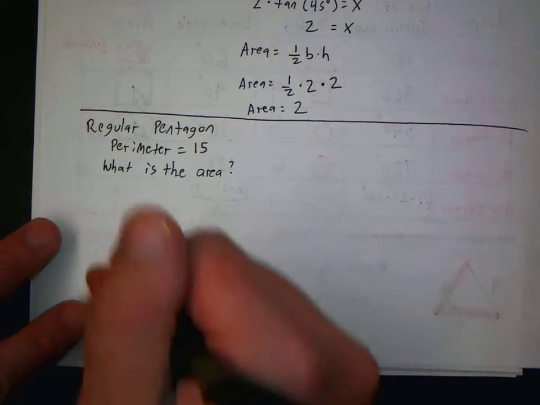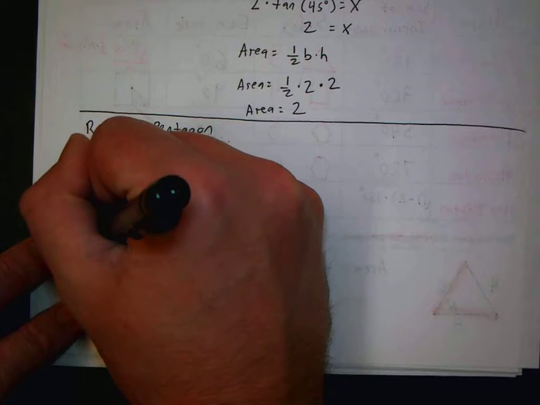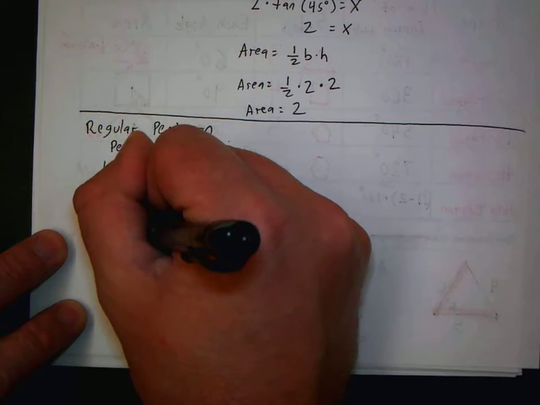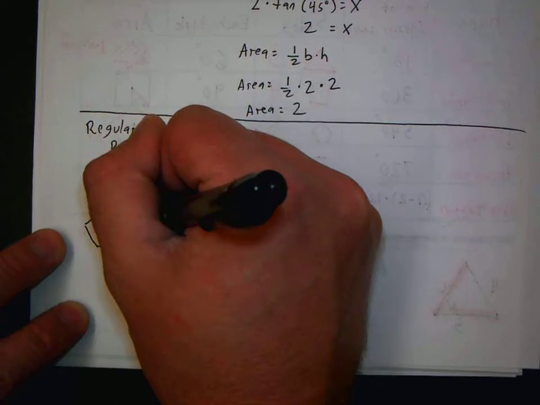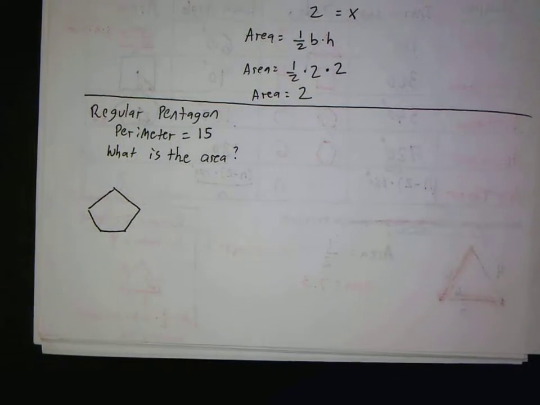So first thing I would do is I draw a pentagon that looks regular. And again, I just never learned this skill. Regular means all sides are equal. So if there's 5 sides, and all the sides add up to 15, 15 divided by 5 is what, 3?